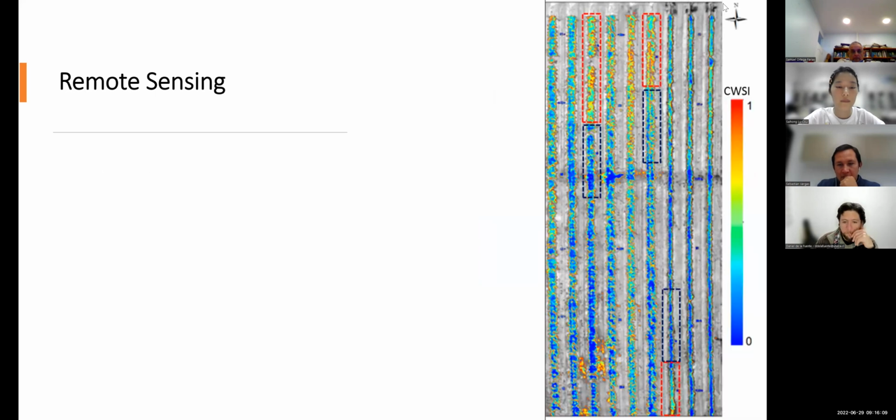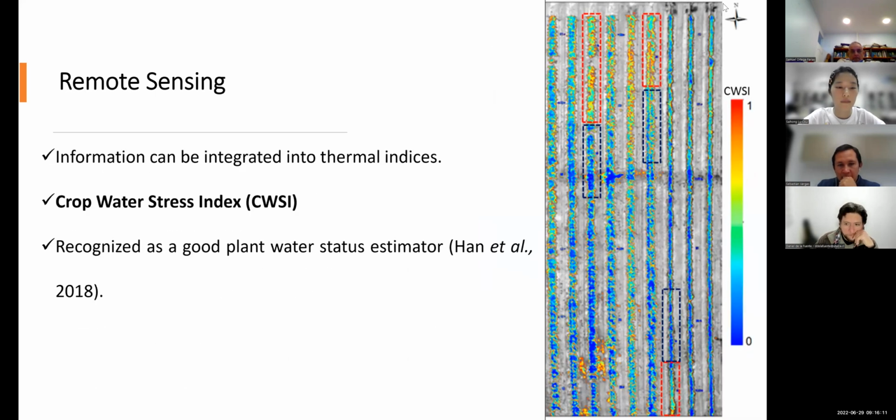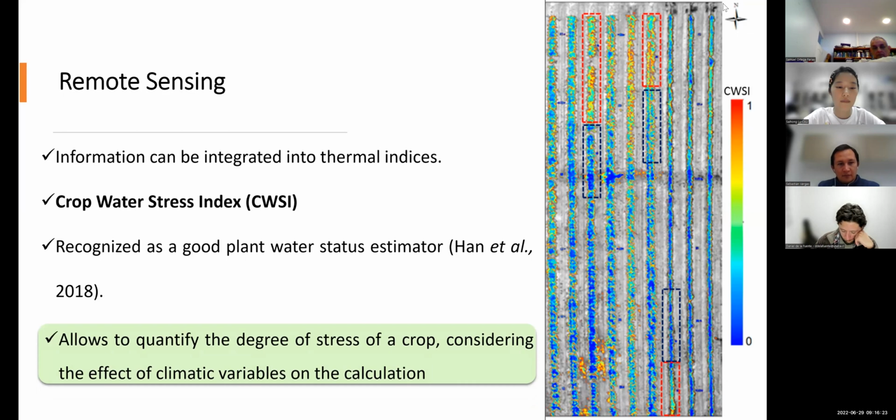So what do we do with this temperature? This can be integrated into thermal indices, in particular into the crop water stress index, which has been recognized in literature as a good plant water status estimator, given that it allows to quantify the degree of stress of a crop, considering in its calculation the effect of climatic variables.